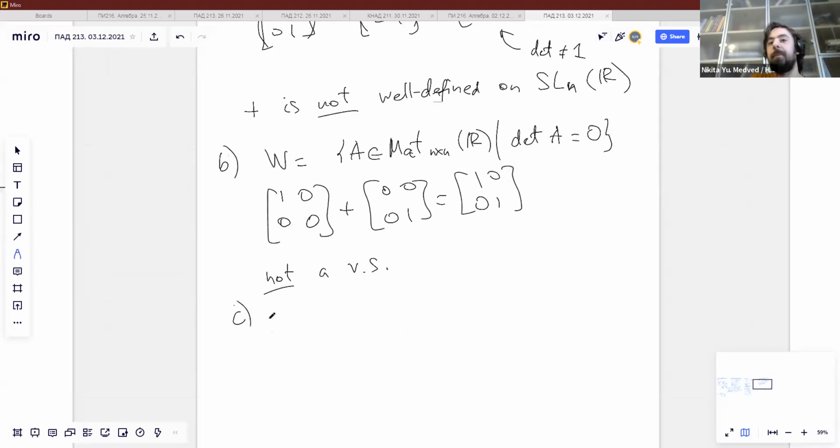Okay, one more example. Let me use Z. So the space of all polynomials such that f of -5 equals 0.